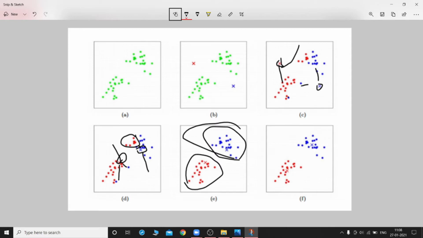After a point of time, when you keep iterating these cluster centroids, they will stay in the same position, because now all these clusters have been separated, and these clusters need not be changed anymore. They are now fixed, and they know which cluster the data needs to belong to, because the cluster centroids are the nearest to them.